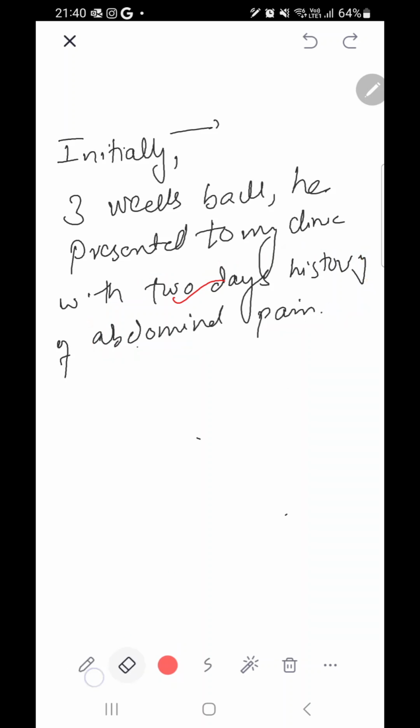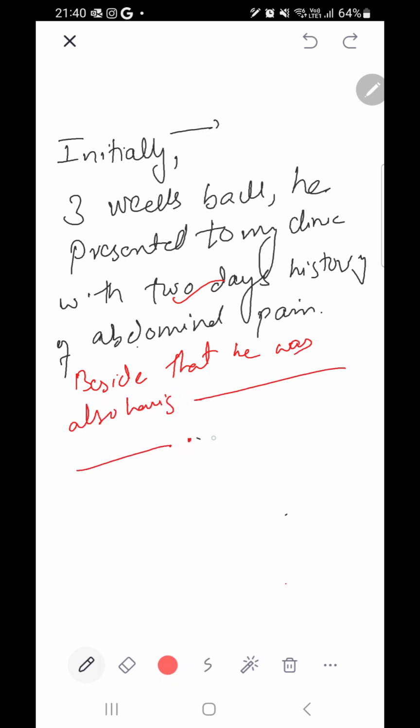Okay, so then we can write it down. If we have some other complaints, we can also write beside that, he was also having, and we will explain everything, right? Then we can write on examination, the next sequence, put a comma, whatever you found. Then, if we have some advice, for example medicine, or if you have done some investigation, normally you write down the medicine.